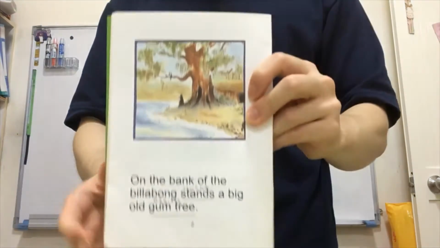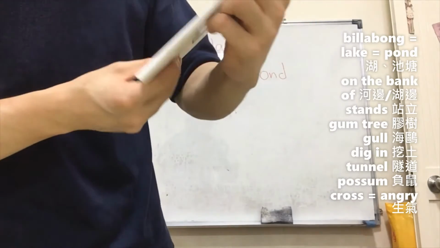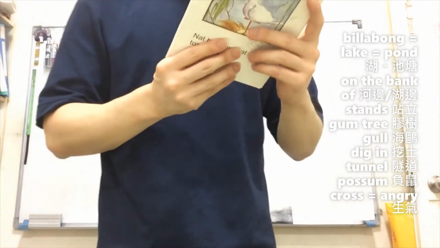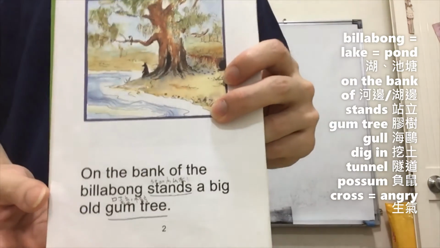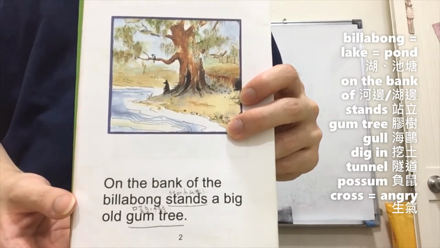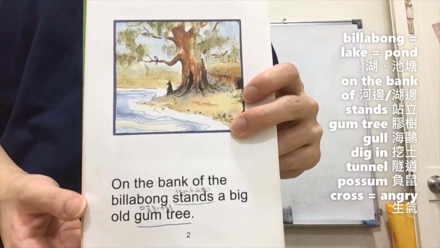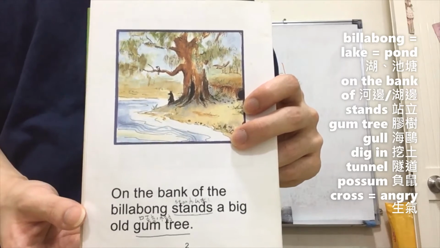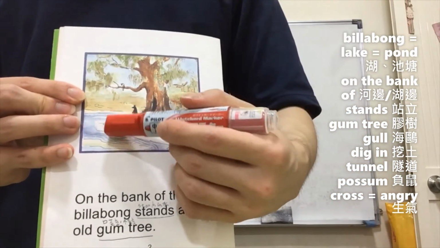So this is the first page. On the bank of the Billabong stands a big old gum tree. As you can see here, this is a lake, right?